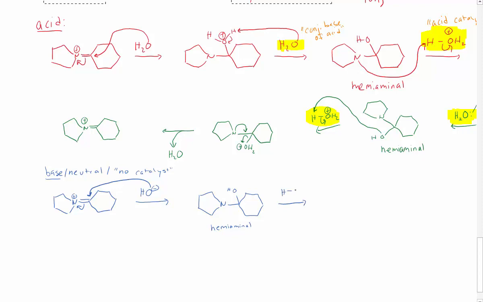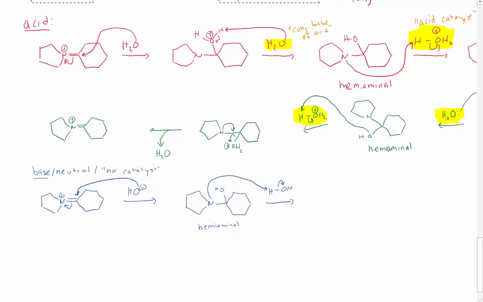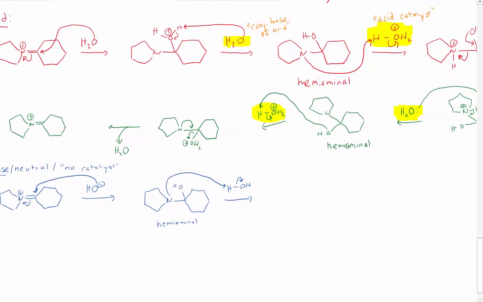That gives the neutral hemiaminal structure directly. The hemiaminal can get protonated at nitrogen by water, which was the conjugate acid of the strong base that we used.